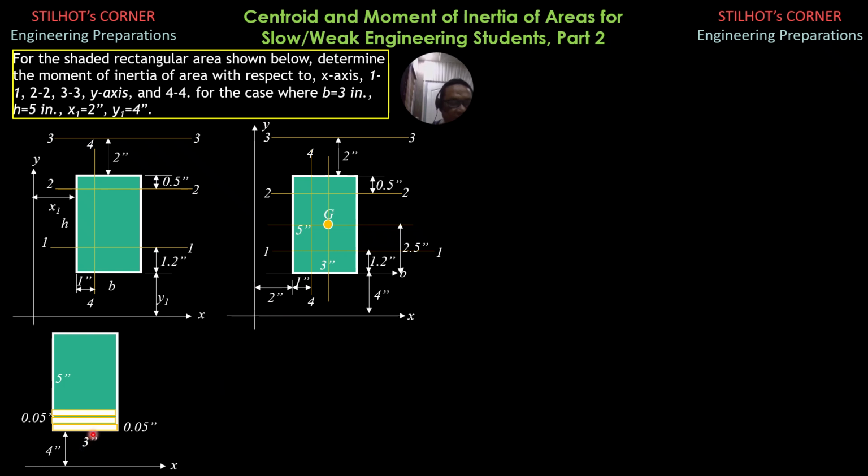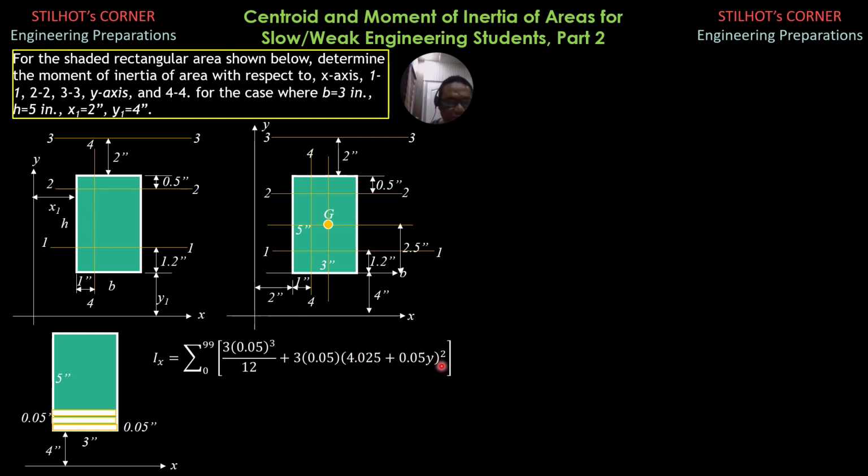Now, y begins with 0 and ends with 99. So if the first lower value of y is 0, then it should end with 99. 0 to 99 is 100. So Ix is the summation from 0 to 99 of 3 times 0.05 cubed over 12 plus 3 times 0.05 times the quantity 4.025 plus 0.05y, then the quantity squared.